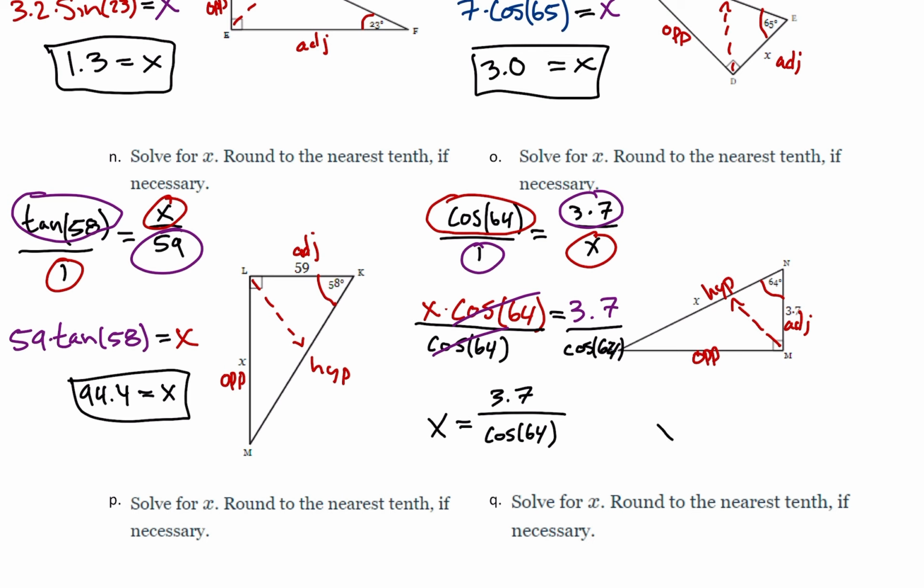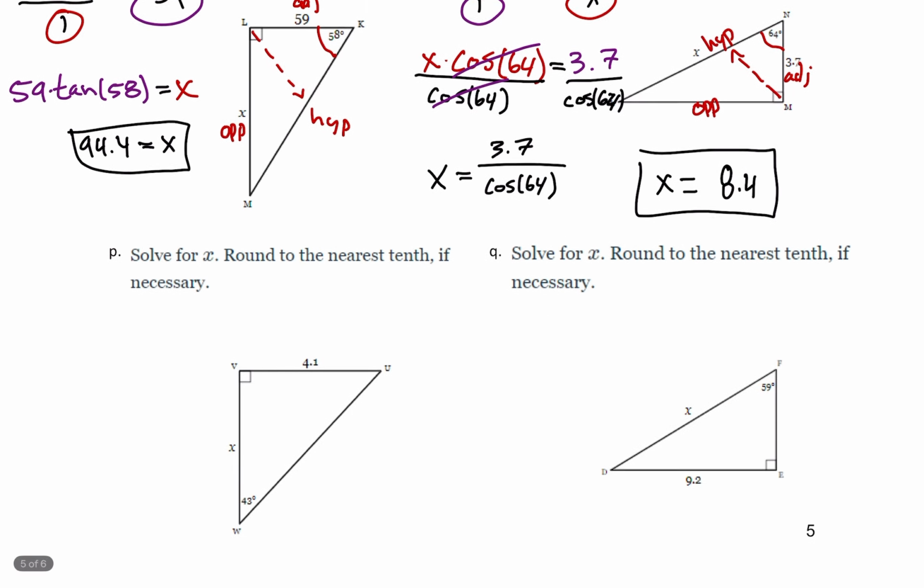And that'll give me x is equal to 8.4. Okay. So that's why we're always checking to make sure x is by itself, because sometimes we'll end up multiplying and sometimes we'll end up dividing.